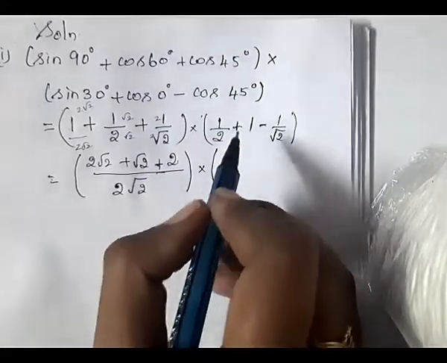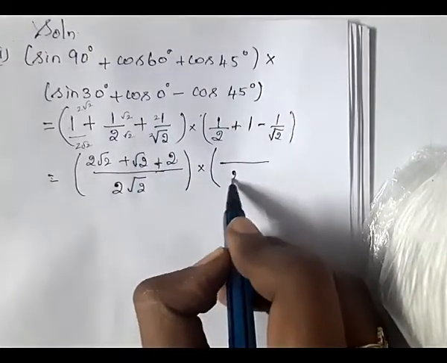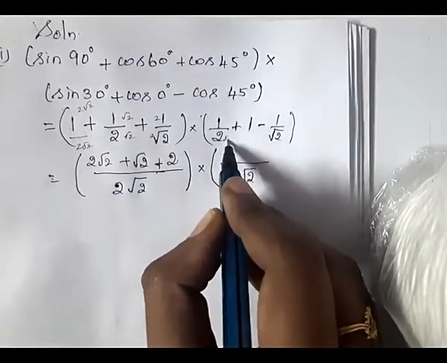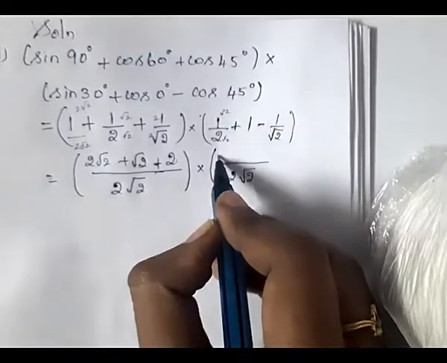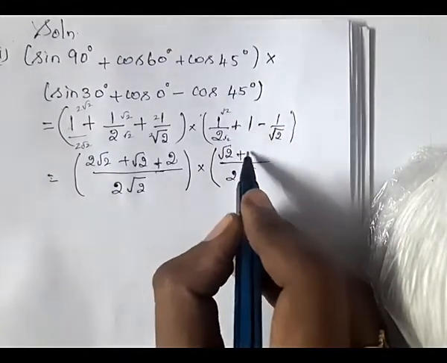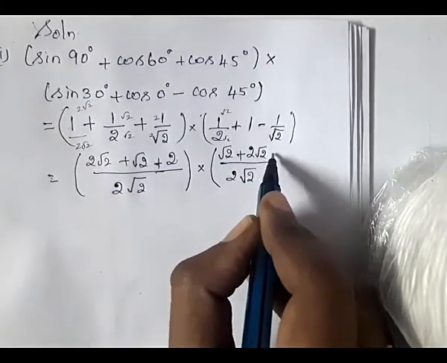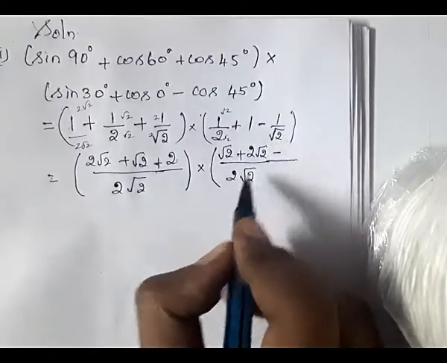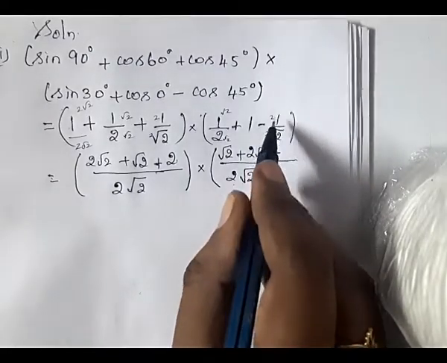Into the same thing here. LCM 2 root 2. Here 2 is there, so multiply by root 2, numerator is root 2 plus, here nothing, so 2 root 2 minus, here root 2 is here, 2 is missing, so 2 into 2.